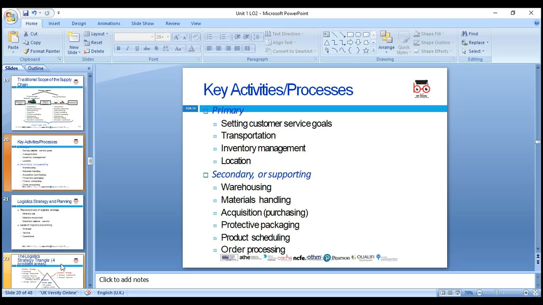The key activities and processes, primary: setting customer service goals, transportation, inventory management, and location. So we need to look at how nearby motorways are. A lot of companies are setting their warehouses nearby motorways. They are looking at where the train is, where more roads are, where the air and the sea are.